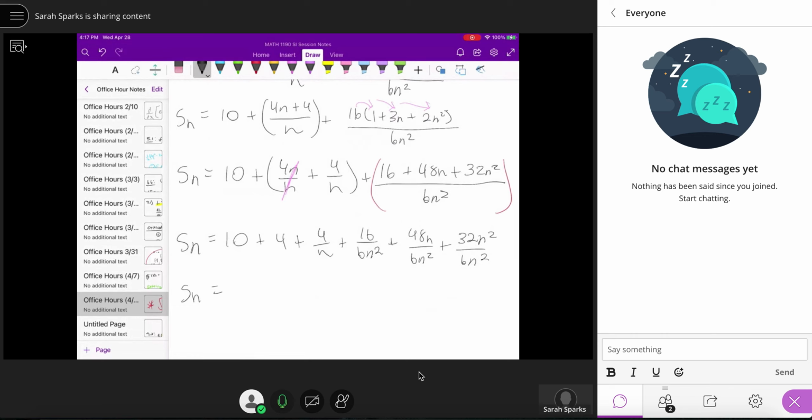Right, so we can simplify that 16 and that 6 by a factor of 2. The top is going to become 8 and the bottom is going to become 3.